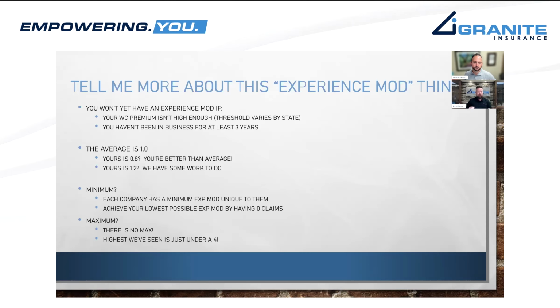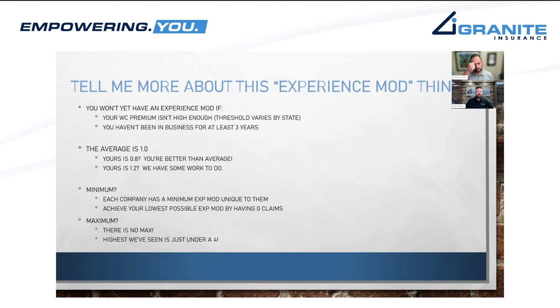If another company had more payroll or higher risk class codes and their expected losses were 100, but they still actually had 0, then they may be a 0.8. So if you have 0 losses, the higher your expected losses, the lower your minimum experience mod can be, potentially.